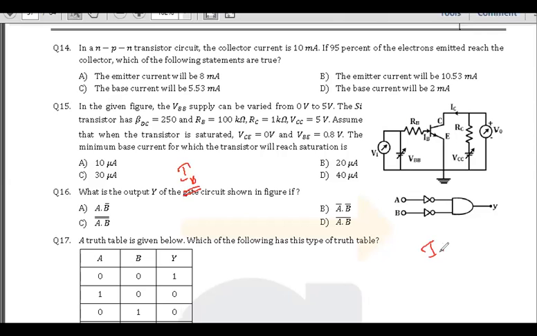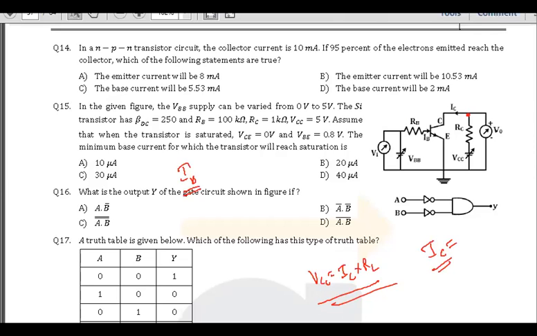Now, what is saturation current? Tell me, what is saturation current? I hope all of you remember. Saturation current is that current where VCE is 0. Yes or no? I hope all of you have remembered, right? So when VCE is 0, can I say that VCC is equal to IC into RC? Yes or no? Now VCC is given.